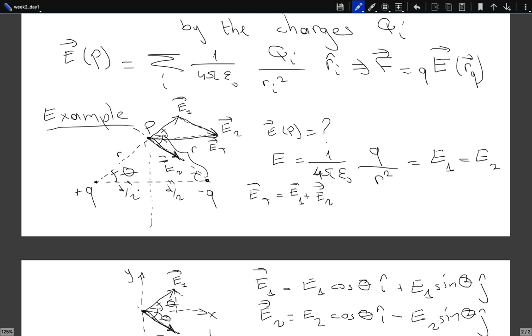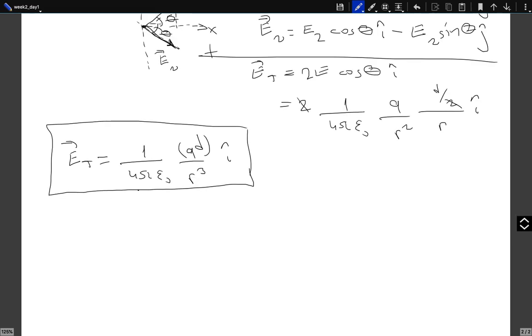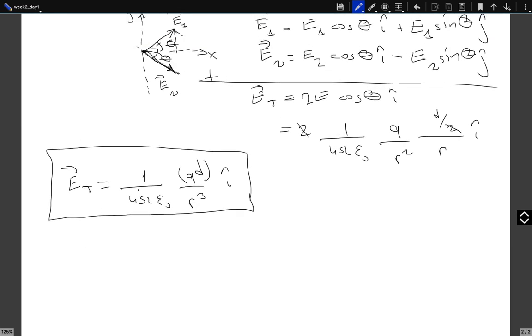You want a vertical electric field, that's what you expect. But that expectation doesn't hold, because whatever the value of D is, whatever the length R is, as long as we are along the vertical line passing through the center, the field is always horizontal.